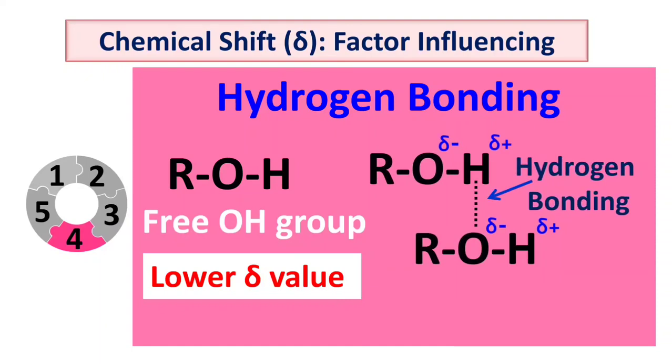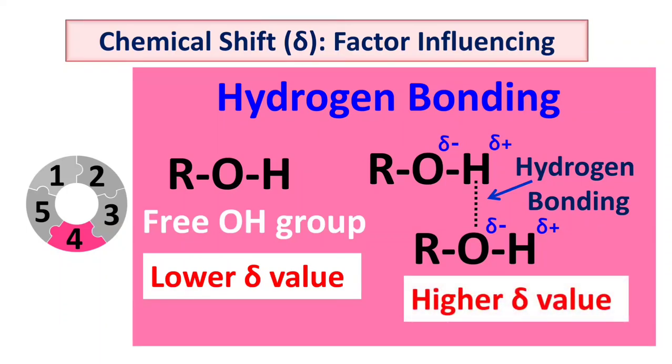Whereas if the same molecule is now engaged in an extra interaction via hydrogen bonding, this hydrogen will always have a higher delta value, because if it engages in hydrogen bonding, there will be net less electron density at the hydrogen, and this effect becomes prominent when we have strong hydrogen bonding.